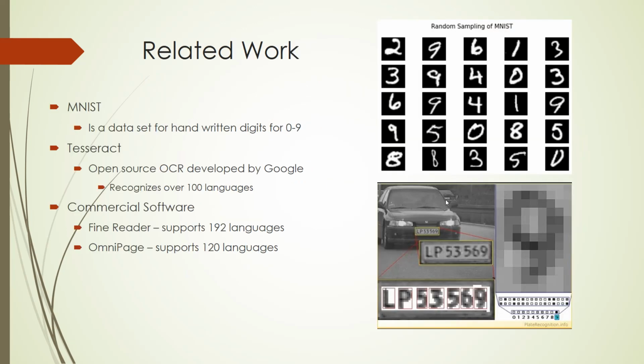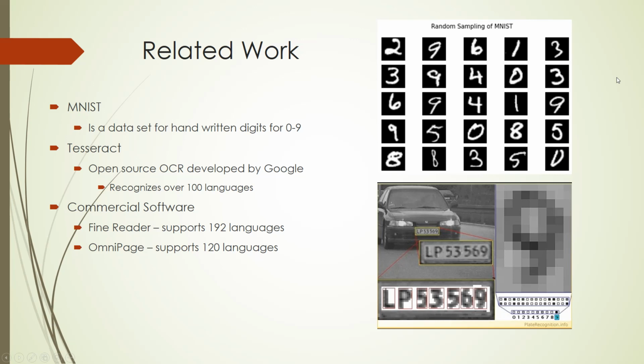Now some related work on this topic. MNIST is a large data set of handwritten digits. You can see an example up here on the top right side. Another example is Google's Tesseract, which is an open source OCR.